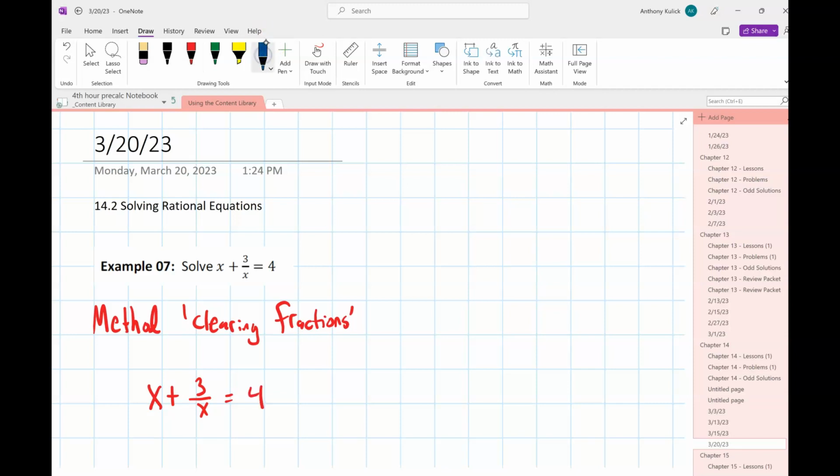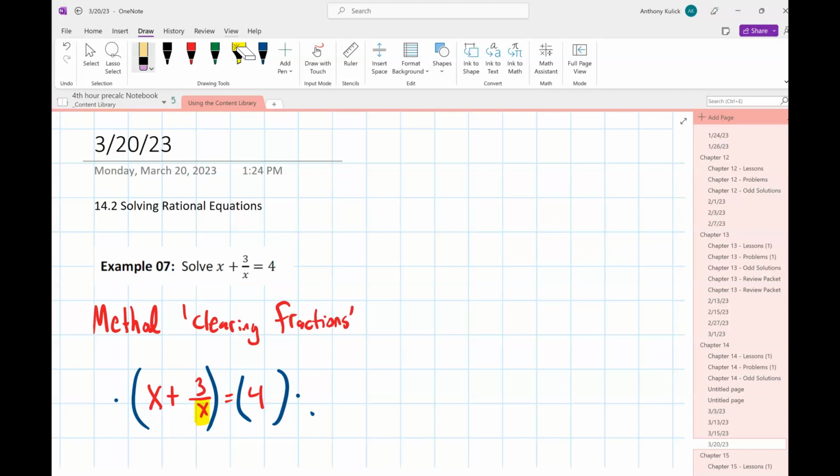We're going to multiply both sides of our equation by something so that when we do that, all the denominators cancel out. Okay? So let's take a look at our equation. x plus 3 over x equals 4. The only denominator we have to worry about is this x. Everybody agree with that?